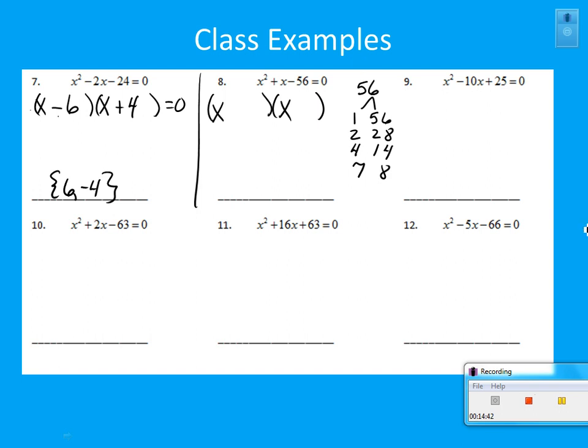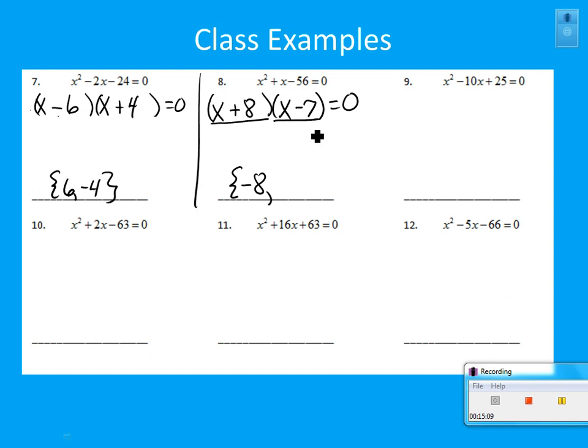The ones that I could make add up to be positive 1 are right there. To do that, I need a positive 8 and a negative 7. We're going to set that equal to 0. If I set that parenthesis equal to 0, I'm going to get negative 8. If I set that parenthesis equal to 0, I'm going to get positive 7.